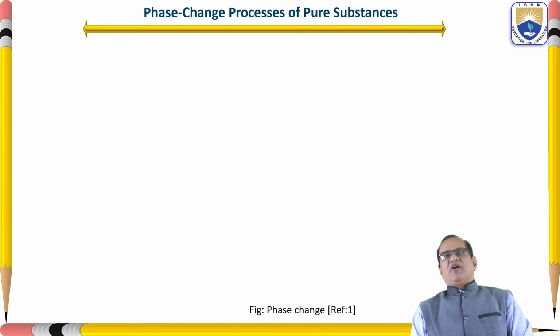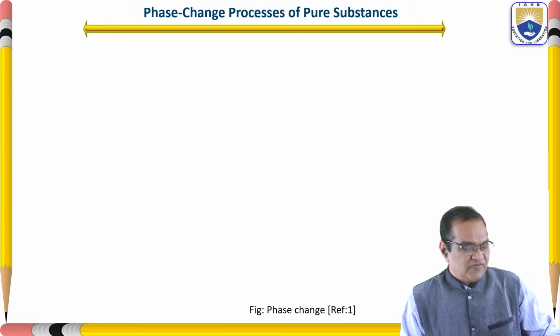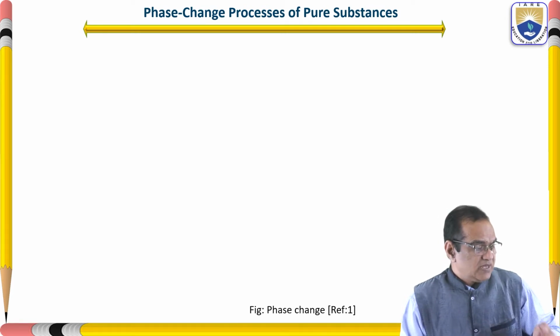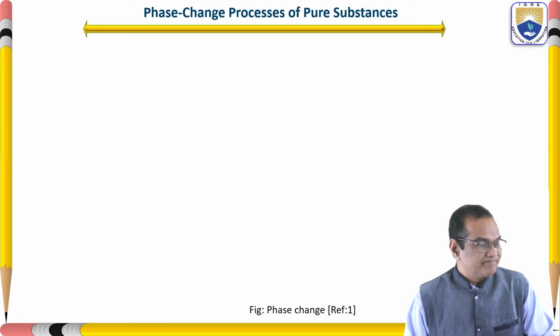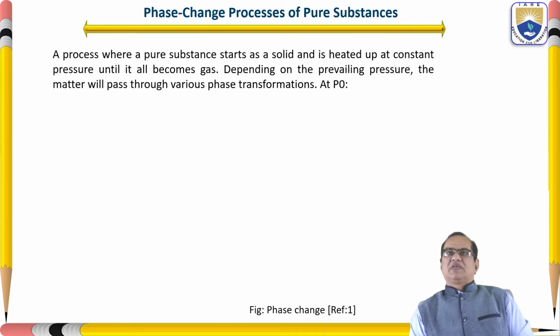Now I will discuss the phase change process of a pure substance, how the phase is changing for different conditions. A process where a pure substance starts as a solid and is heated up at constant pressure until it all becomes gas.